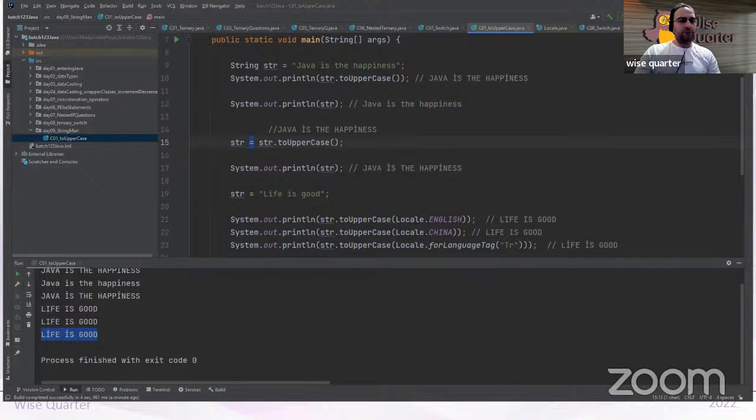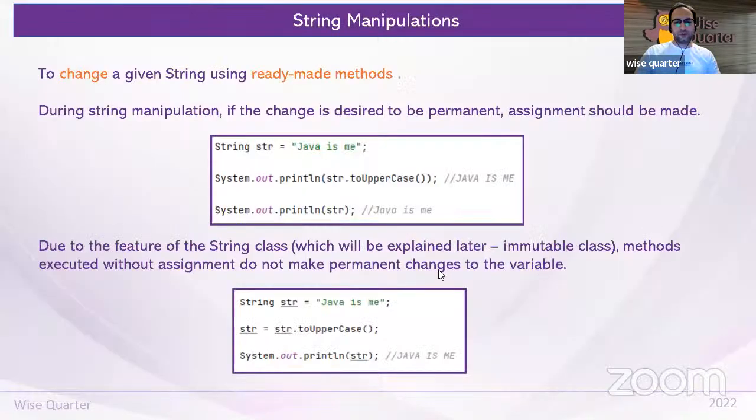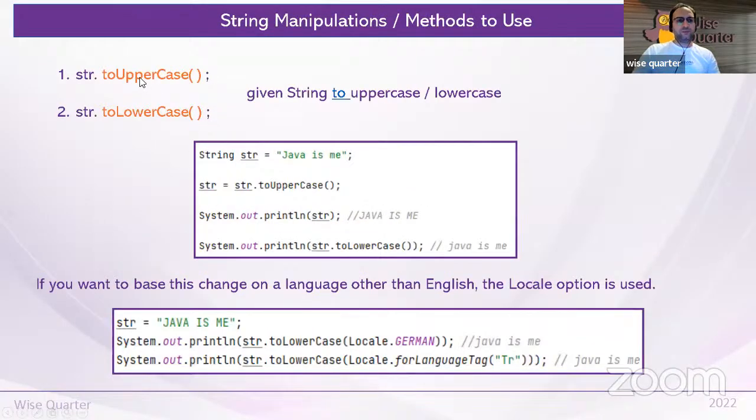And now I will try to explain something else from the slide, of course. Here, the first method was toUpperCase and toLowerCase. Let's use toLowerCase too. We haven't solved any question about it. But before that, here, for example, it says Java is me.